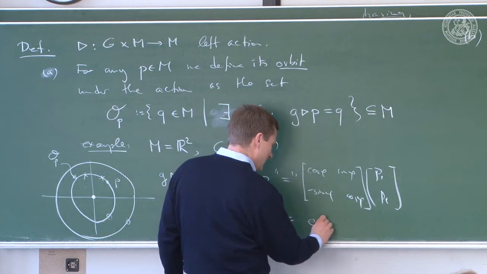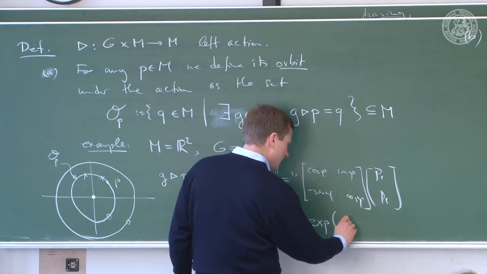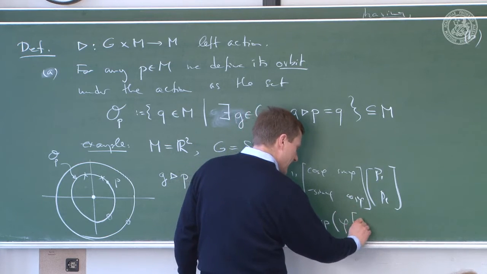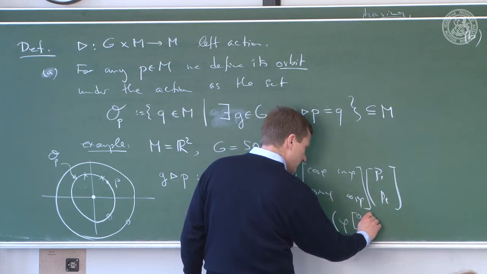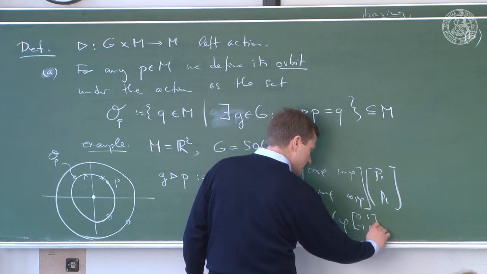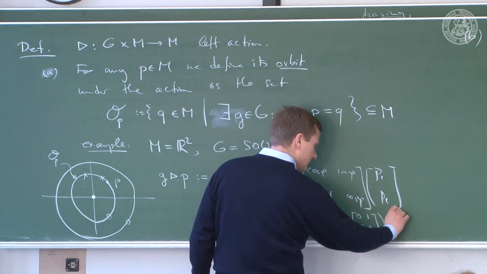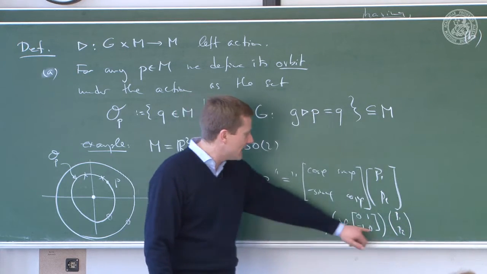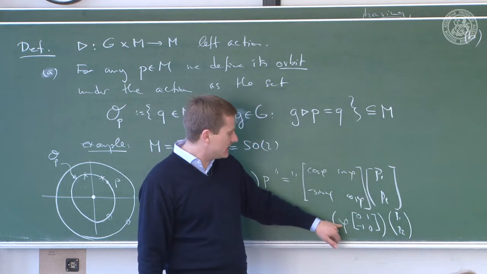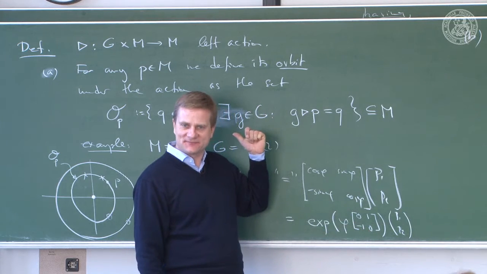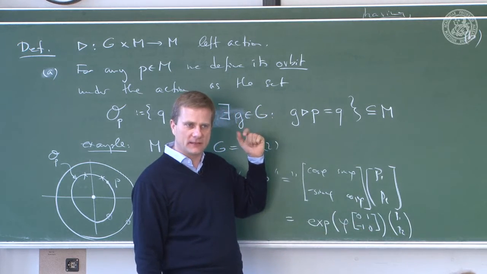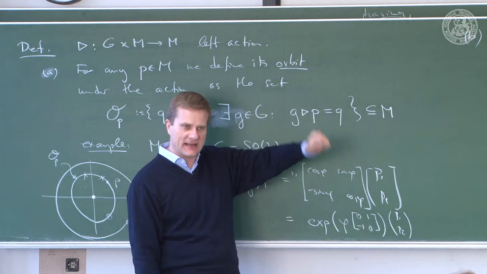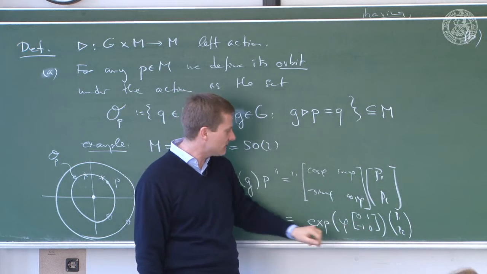But it's a good question, because what we have here, the phi, is a very good example of what we said before, because this is, of course, exp of phi times the endomorphism given by this generator acting on P1, P2, right? Now, the group is compact, right? SO2 is a compact group because the group manifold is S1, a compact space.